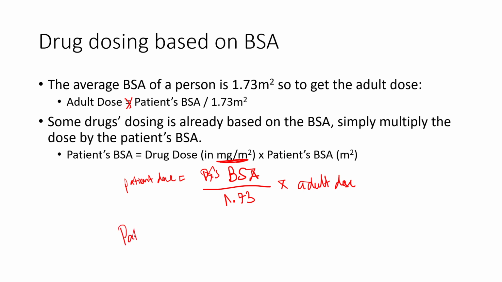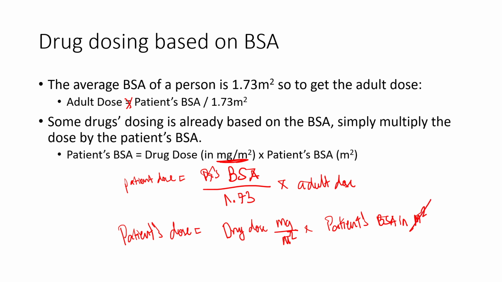So patient's dose is drug dose in milligram per meter square multiplied by the patient's BSA in meter square. So these two will cancel out and you will end up with milligrams.